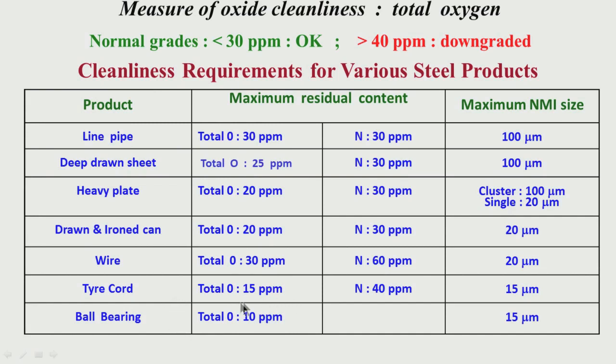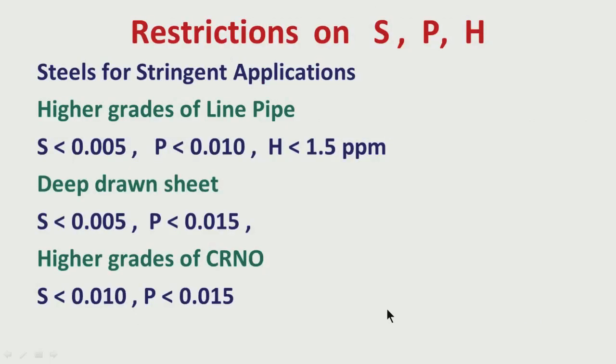We look at their total oxygen requirements: ball bearing 10 ppm total oxygen, 15 micron maximum NMI size. So, these are the stringent requirements. Line pipe steel, sulfur and phosphorus all have to be very, very low, less than 0.05 sulfur, less than 0.10 phosphorus, hydrogen less than 1.5 ppm.